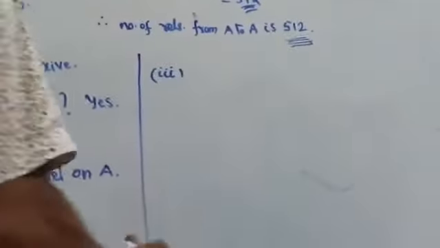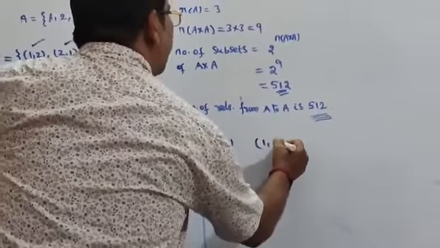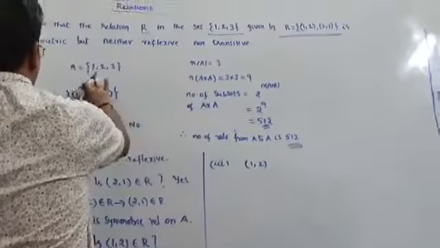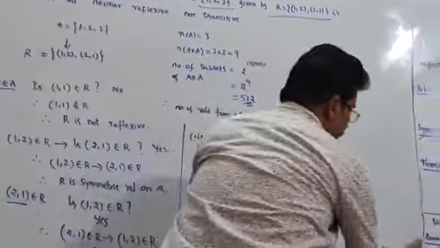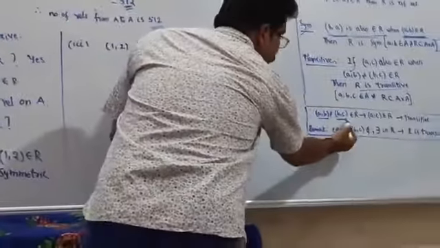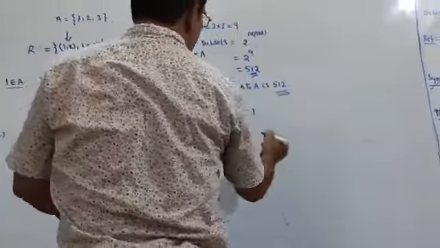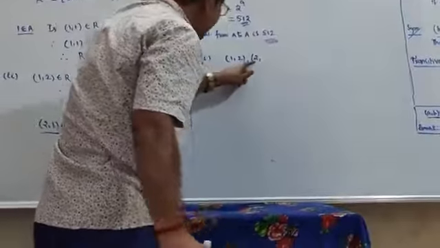You come here. The first element is (1,2). Like that, we are taking (a,b). The second element (b,c), where b means starting with 2. Is there an element starting with 2?